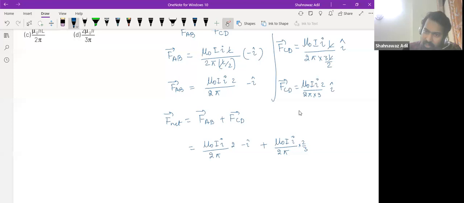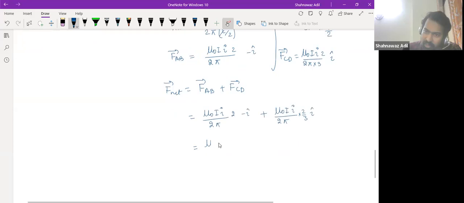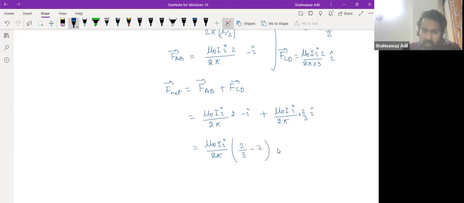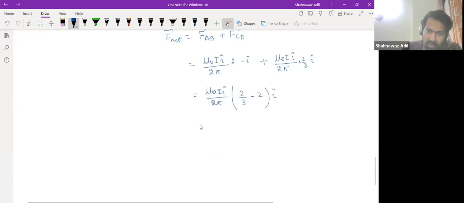So if we solve this, mu naught I by 2 pi, right? So this would be how much? This would be mu naught I by 2 pi, and this is 6. So (2 minus 6) by 3 I hat.